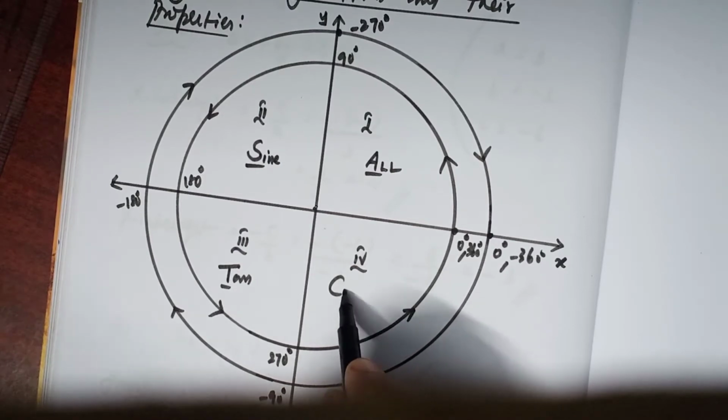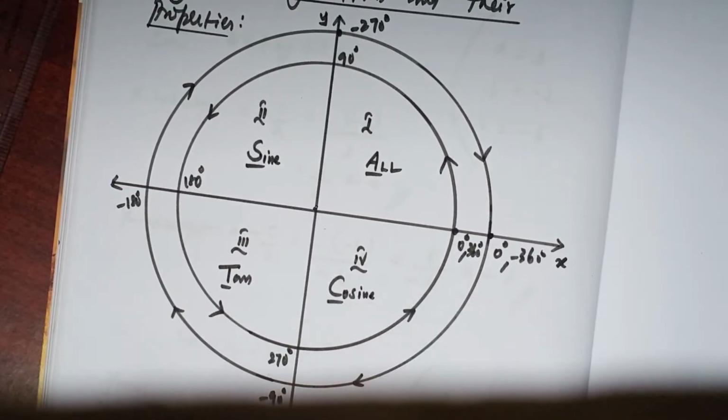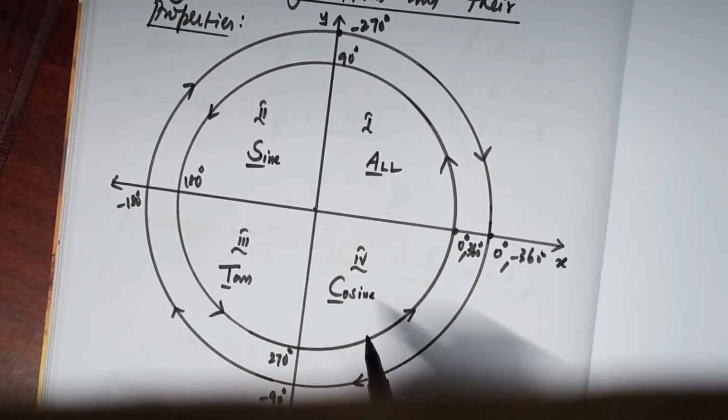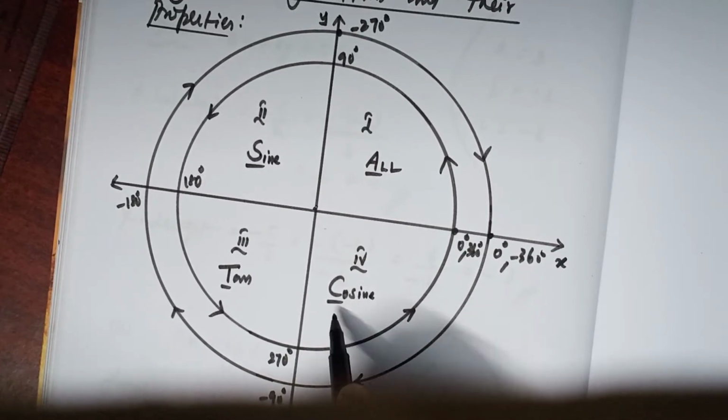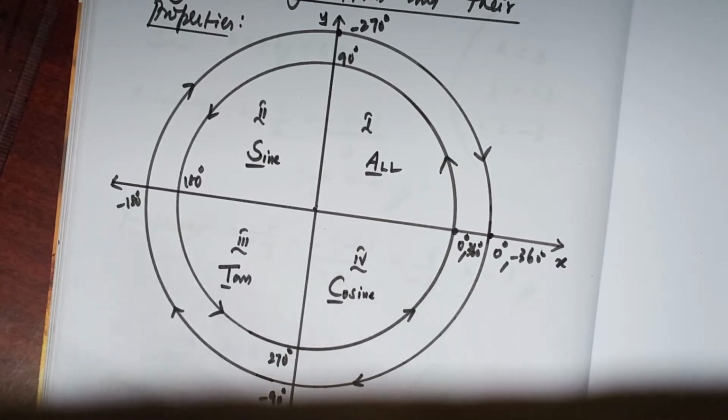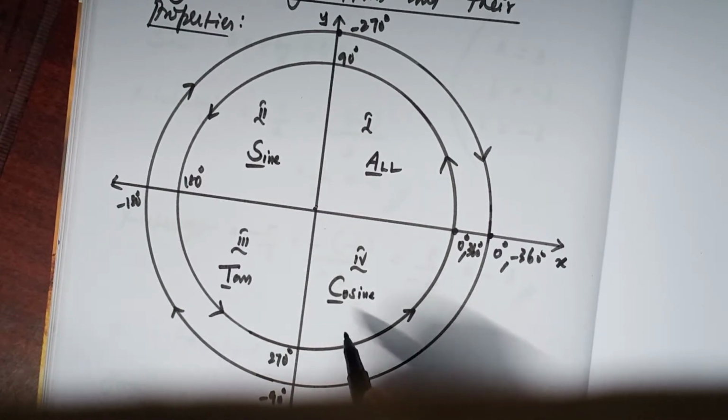Cos and its reciprocal, that is secant. Cos is the short form of cosine. Cos and its reciprocal, secant only positive, others are all negative.